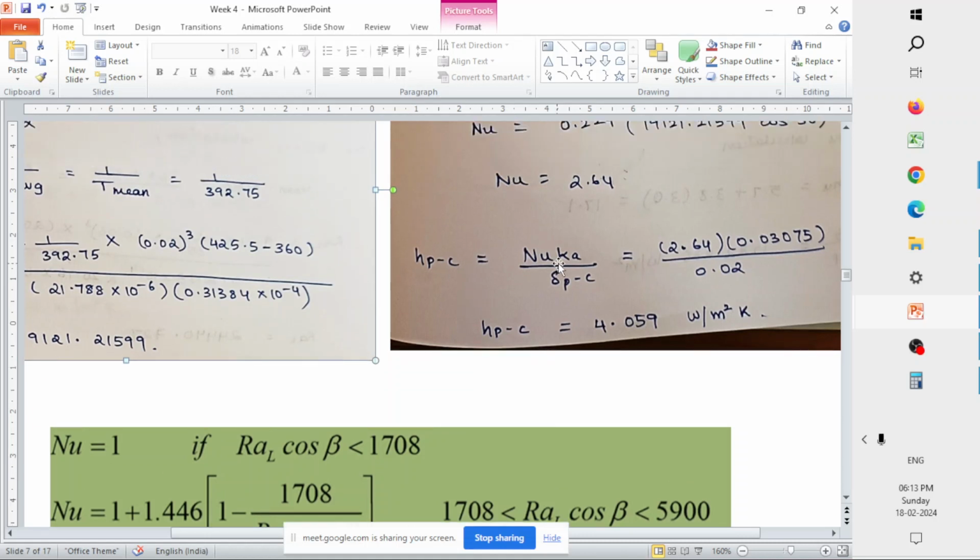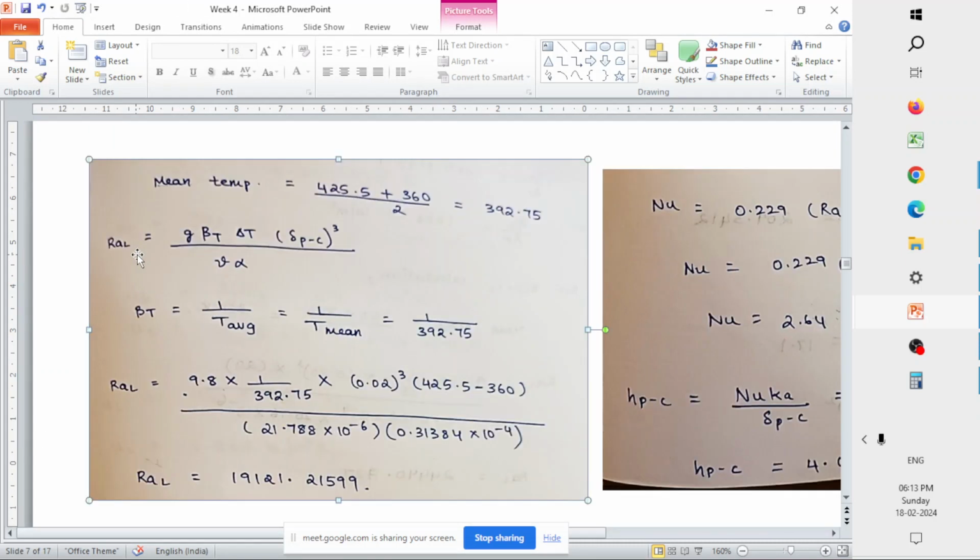Nusselt number is nothing but the heat transfer coefficient times the length, or the thickness of the spacing between your plate and cover, divided by your thermal conductivity. Once you know that, you can calculate your Hpc. Similarly, you have to do it for Hc1c2 and then your Hu also. So let's see how to calculate.